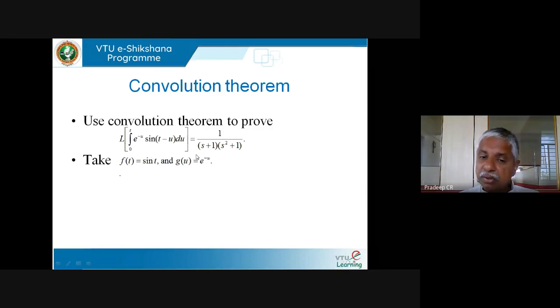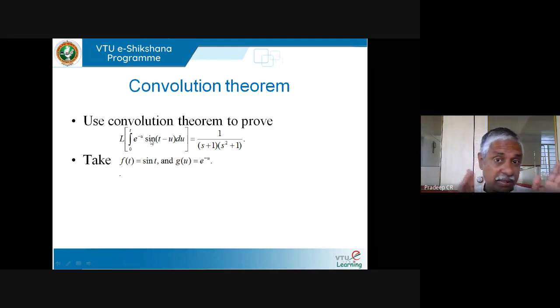So what I will do is, of course, I can see that sitting here in this integral, I want to write this integral as a convolution of somebody. Then I'm through. So it's easy to see that if I take f(t) as sine t and g(u) as e power minus u, what you have here in this bracket is nothing but f star g.